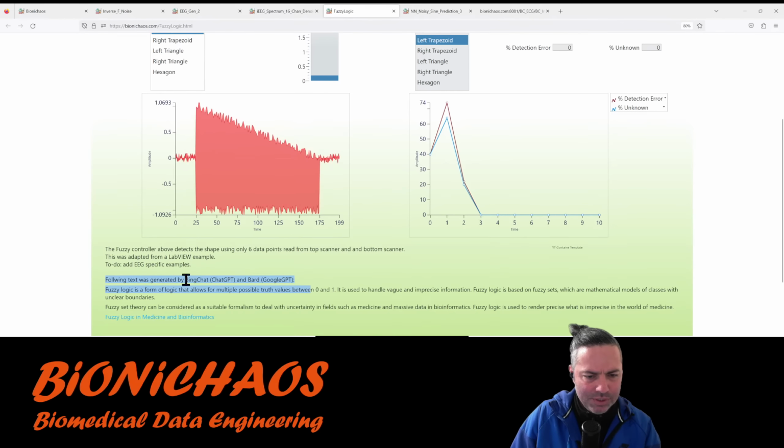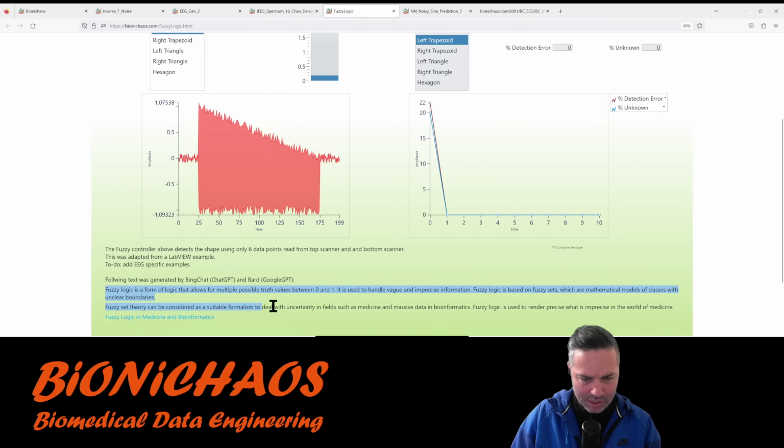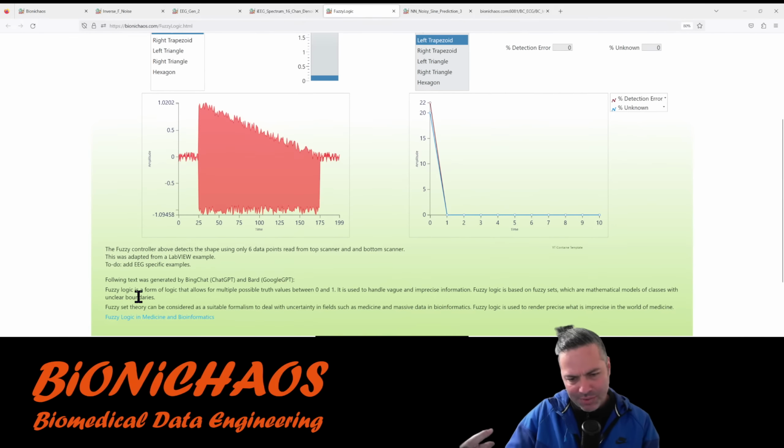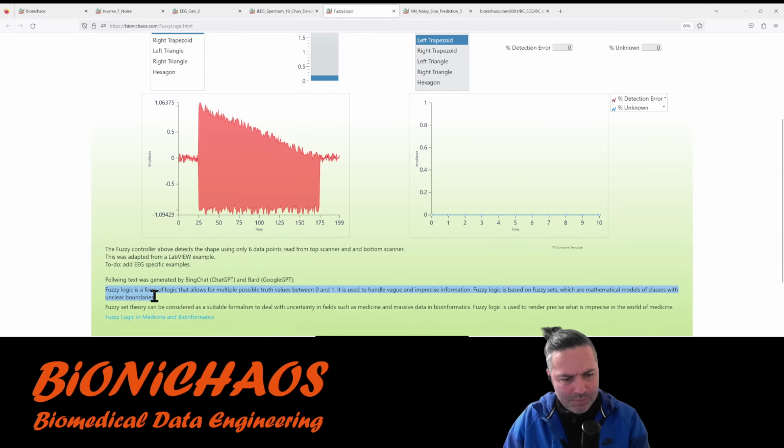Actually, for this tool I did use Bing Chat, which is supposed to be ChatGPT, and Bard, which is the Google GPT, and it generated these two sentences. I think I paraphrased it anyway, but it's really bizarre how it works.